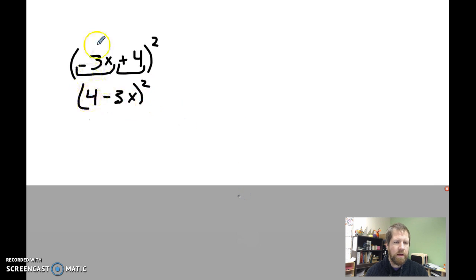Alright, so let's do that. So a squared, a is 4. 4 squared is 16, minus 2 times a, which would be 8, times 3x, which would be 24x, and then 3x squared would be 9x squared.